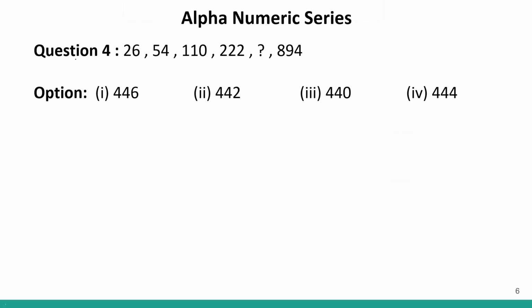Okay? Question number 4. We have 26, 54, 110, 222 and 894. So if I move from 26 to 54, there are huge jumps, right? This is 54, 110. This is almost 2 times. This is also almost 2 times. So I am assuming that we are going 2 times, right? So if I multiply 26 by 2, how much will I get? This will be 52.